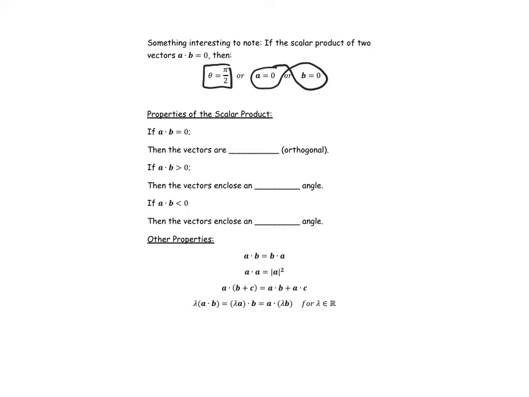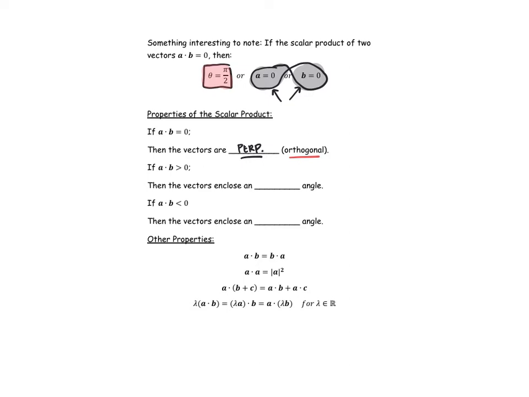Now, if one of the vectors is the 0 vector, this is really just not very interesting. Okay, so typically, if we get a scalar product of 0, the two vectors are what we call orthogonal. You can see that down here. Okay, so if the dot product of two vectors is 0, then the vectors are perpendicular, likely, okay? Or one of these two goofy situations is taking place.